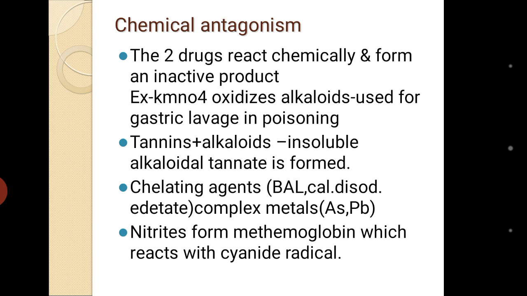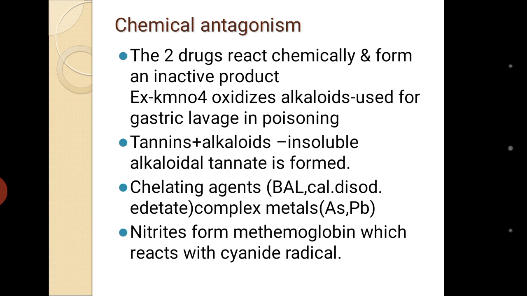Next one is the chelating agent. What do you mean by a chelating agent? These are rings. Chelating agents are mainly used in case of heavy metal poisoning. They react with the metallic ion and form a ring structure.